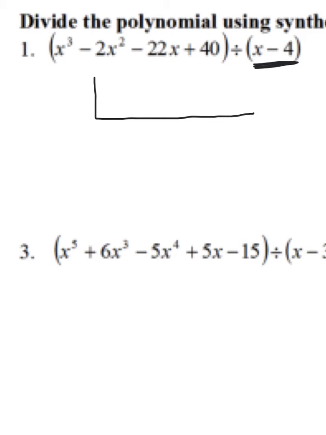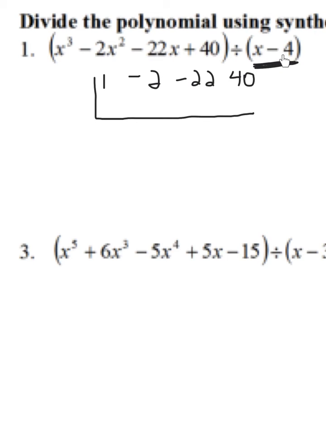So we have 1, -2, -22, and 40. Now notice that I left some space right here because we're going to be putting some numbers along here. So we need to make sure we leave some space. Now on the outside over here, I'm going to put the opposite of this number.